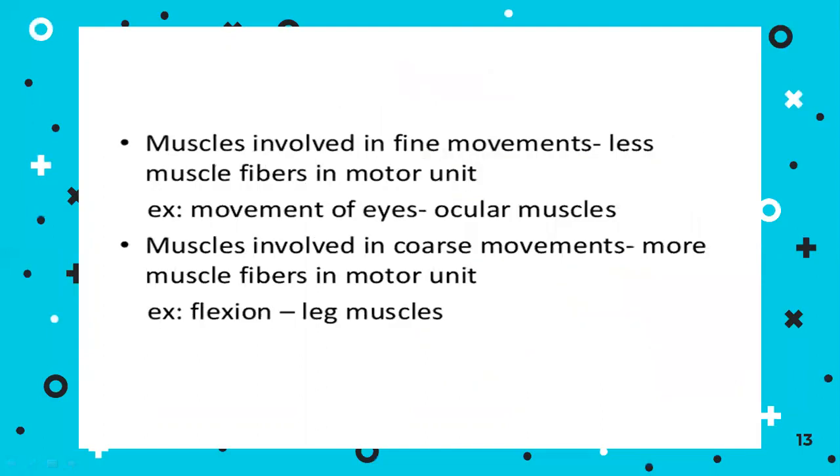The muscles involved in fine movements have fewer muscle fibers in motor unit, like the muscles of the eyes, like ocular muscles, and muscles involved in coarse movements have more muscle fibers in motor unit, like the muscles of the legs.